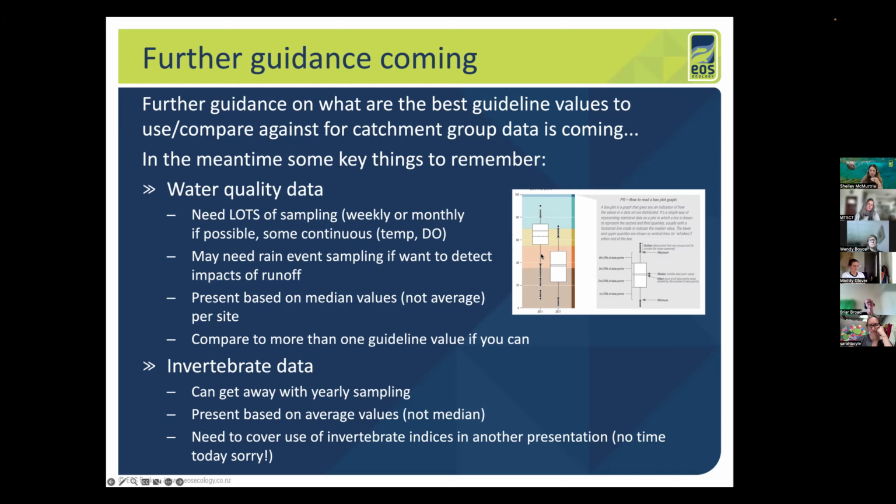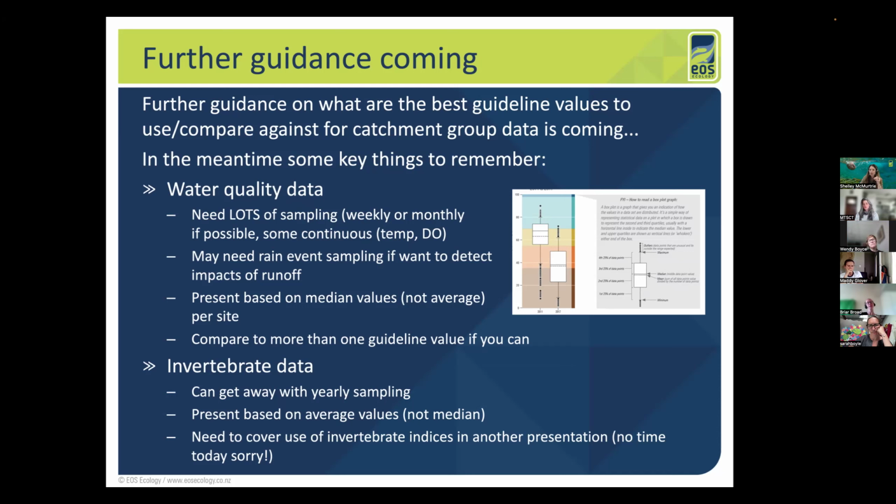You can see here we've got lots of values outside the spread of the data, and that is what's pulling the average value down. Your median takes that into account. So, median for water quality.